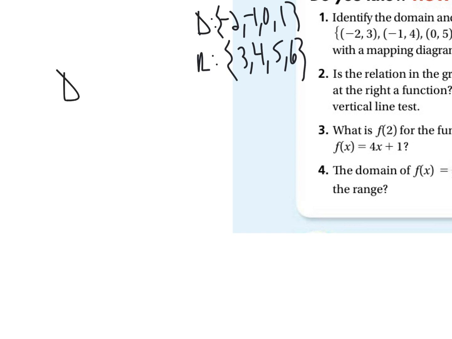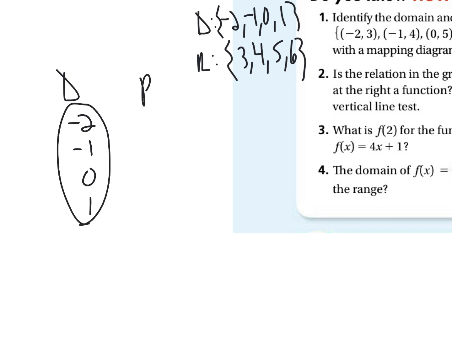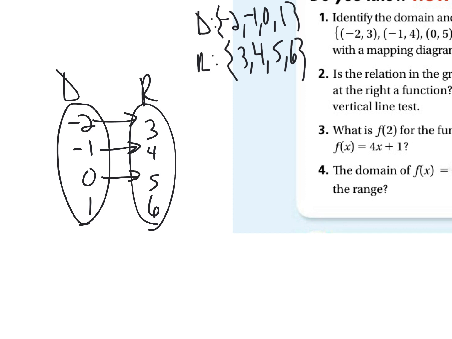And then if we do the mapping on that, this one conveniently goes straight across, so it's not quite a mess. So then we could say, yes, that is a function. Each x is only going to one y value.